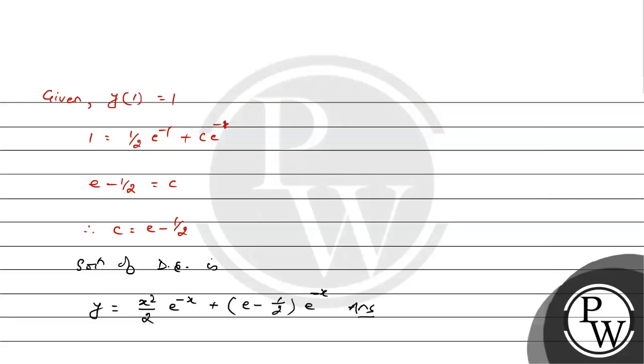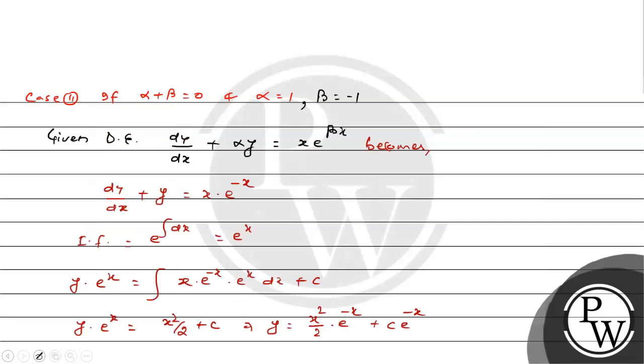This is the second result in case of alpha plus beta equal 0, alpha 1, beta minus 1.